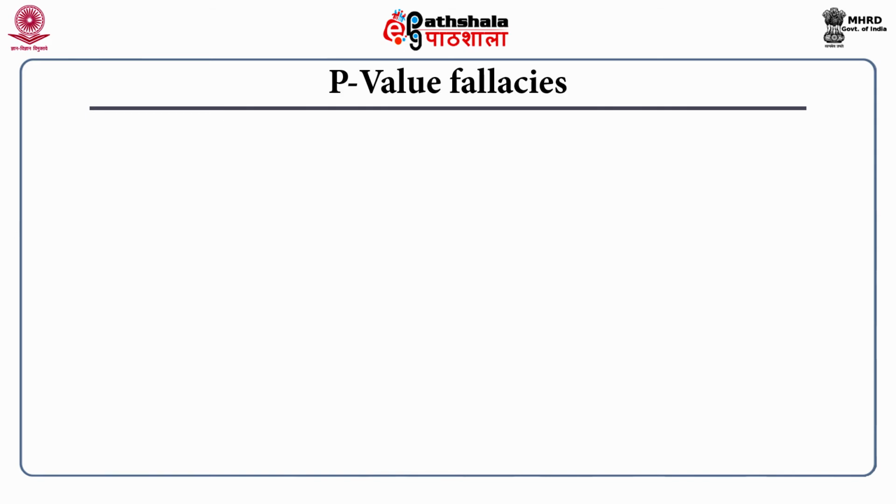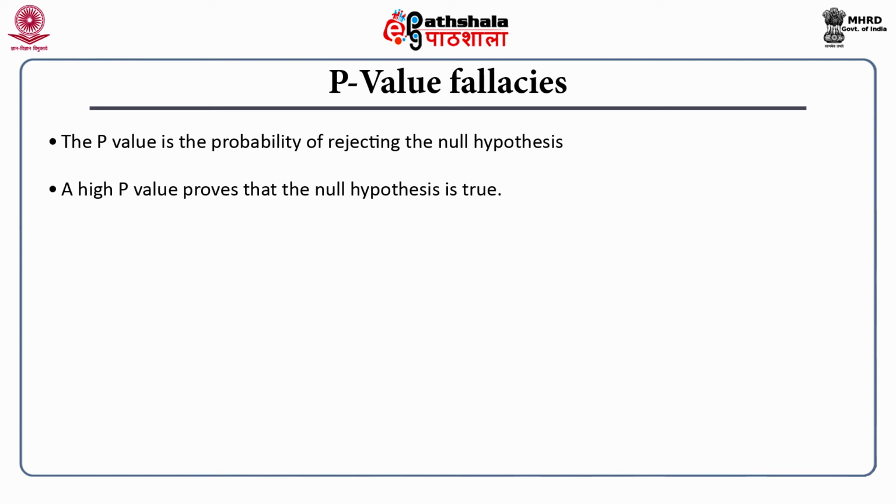Now coming to the p-value fallacies. Many students think that the p-value is the probability of rejecting the null hypothesis. Is that true? It's false. All of these things are fallacies, misconceptions about the p-value. A high p-value proves that the null hypothesis is true.